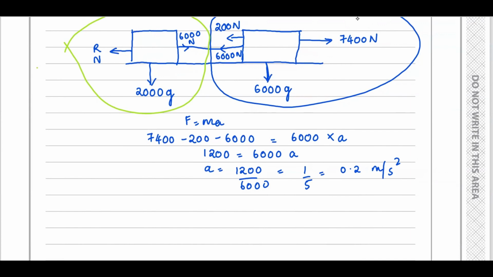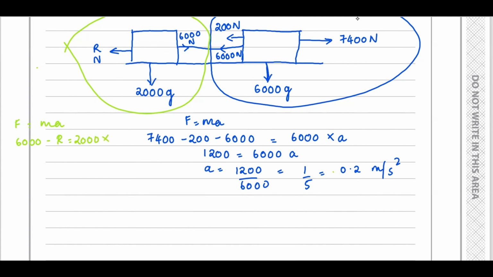So I'll just write it over here. F is equal to ma. So now the force, we have 6,000 Newton towards right and R towards left. So 6,000 minus R is equal to mass, which is 2,000, into acceleration. It's constant acceleration.